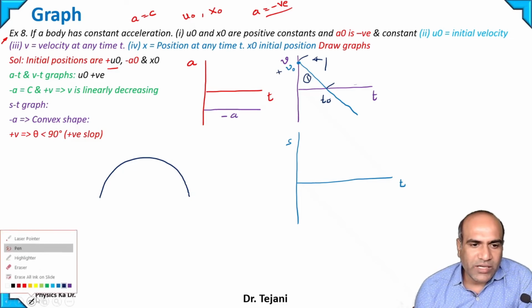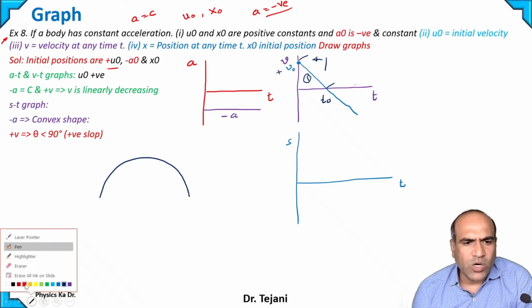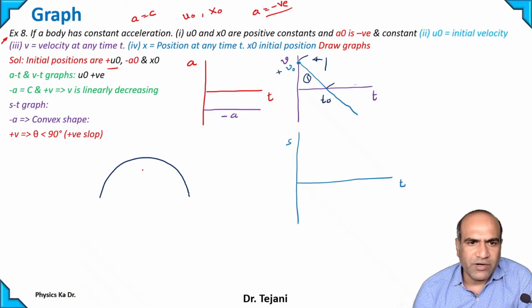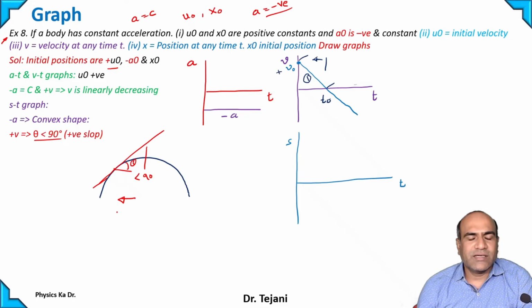For this convex shape, we need to identify theta is less than 90 degrees. If I draw a line from this, this theta is less than 90 degrees. That means the left hand side should work.